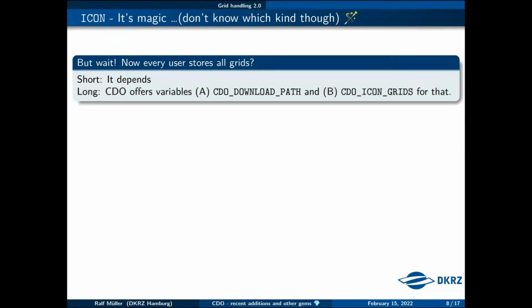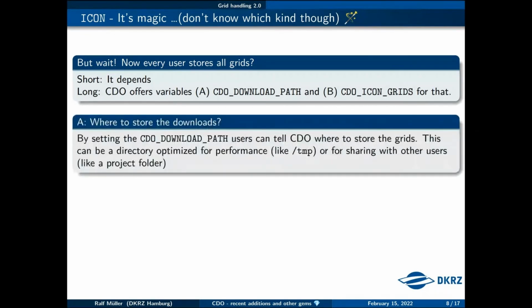So CDO offers a couple of environment variables that will help you to deal with that. The first one, CDO download path: there you can tell CDO where to store this data. Can be quite useful if you work together with other people on the same kind of data using the same grid. Then it's good to put this in a project folder.